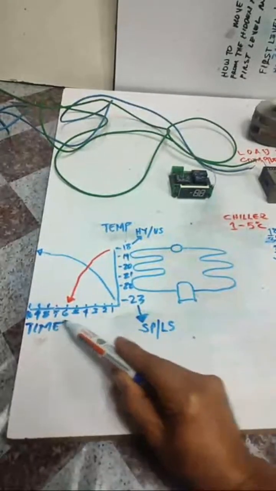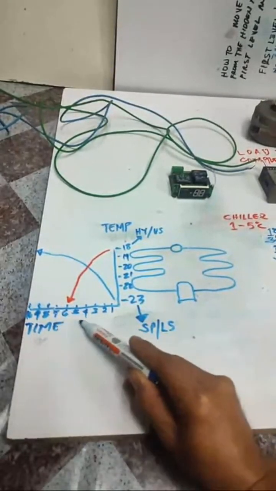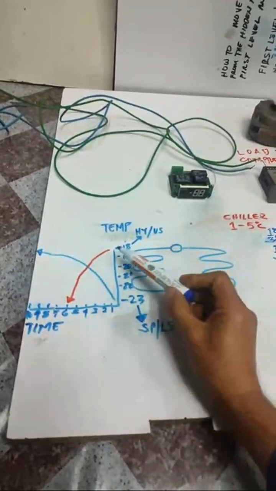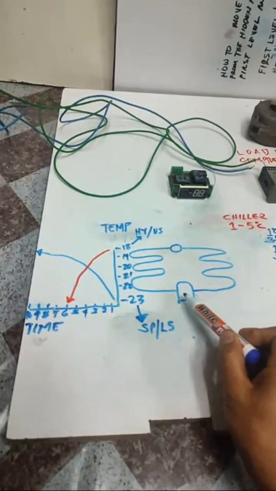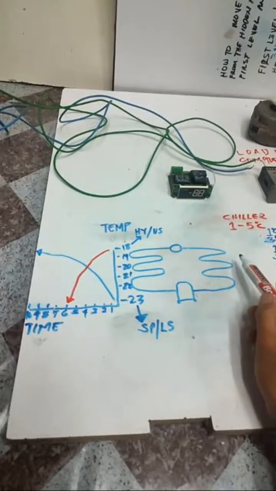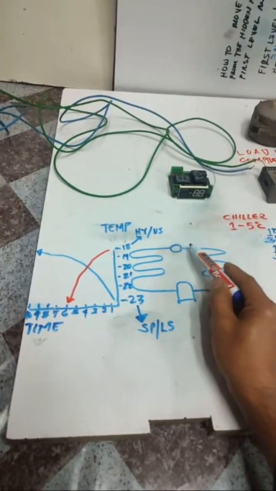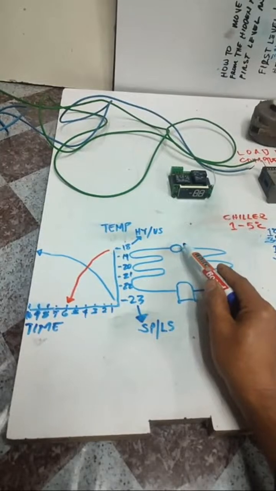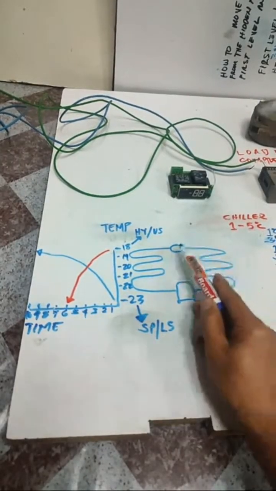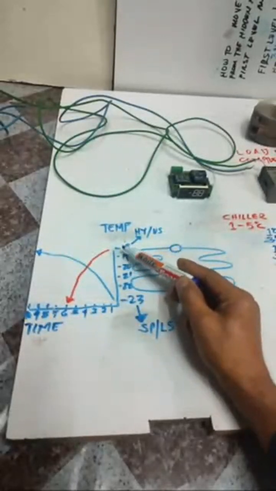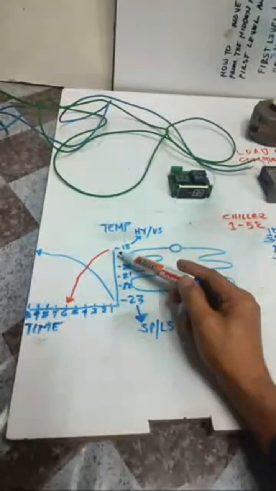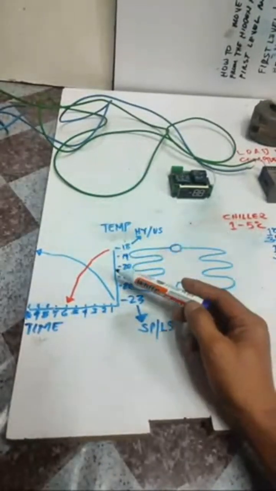For now we are using time. You will see the temperature drop once the compressor is running. It will pump the heat out, the refrigerant goes to the metering device, and from the metering device it goes to the evaporator. That is the cycle, and this temperature is not actual, it is only an example.